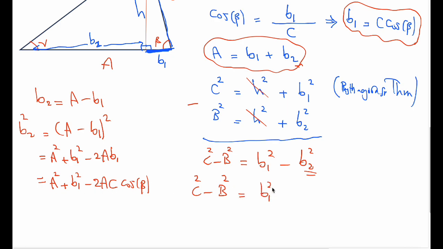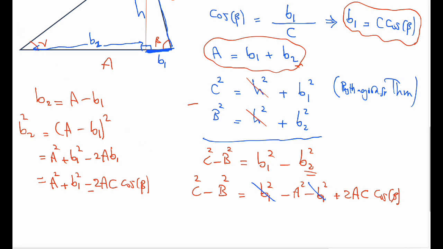Minus times a squared is minus a squared, minus times b1 squared is minus b1 squared, and minus times minus is positive, plus 2 a c cosine beta. Now we can see clearly that this term will cancel out with that term.